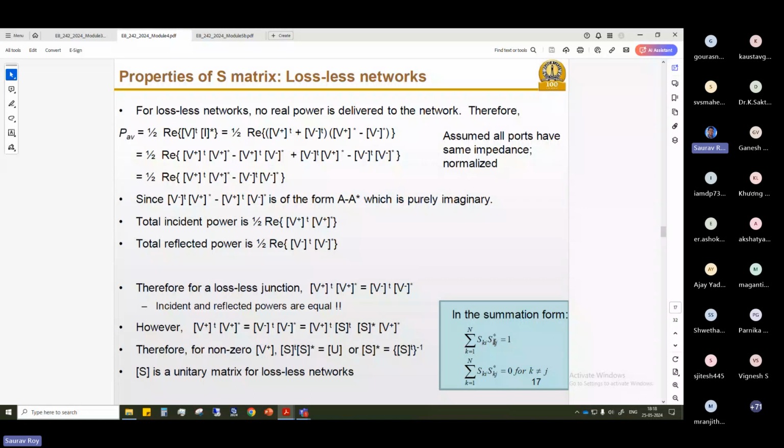S21 and S12 will be symmetric: what you get at port 2 given a signal at port 1, S21, should equal S12, what you get at port 1 if you give a signal at port 2. That's why the matrix will be symmetric.